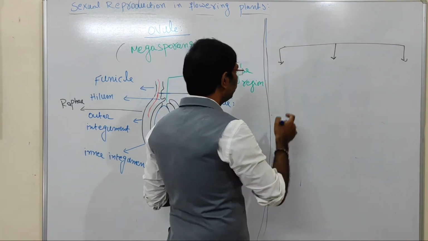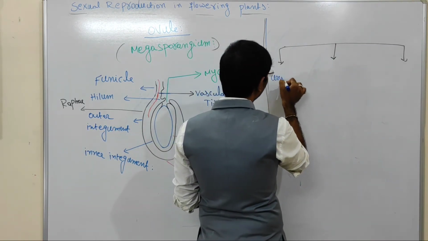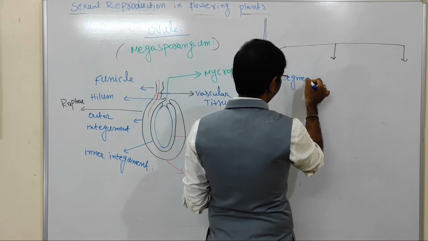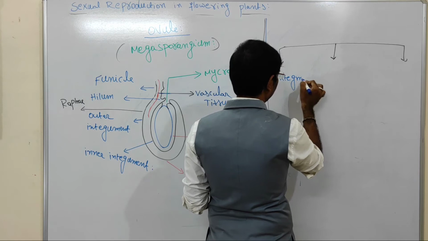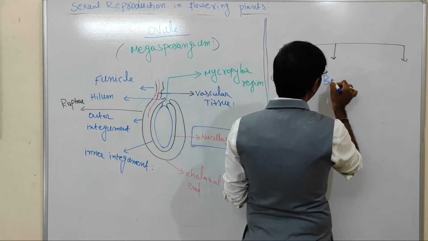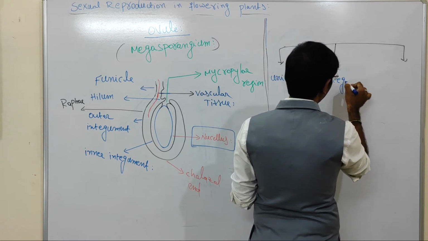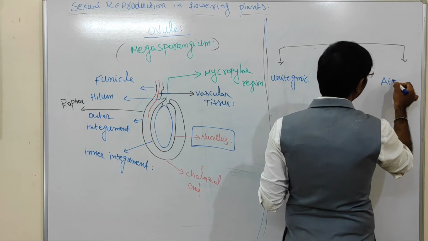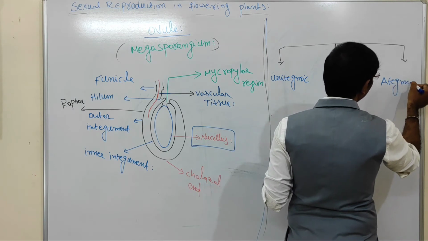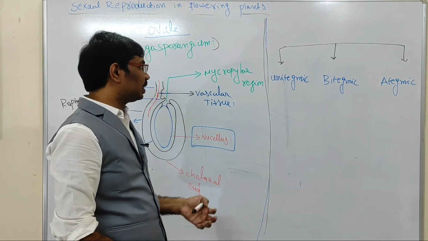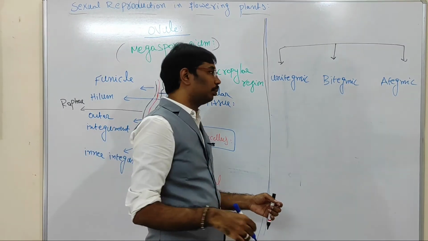The first one is unitegmic, the second one is bitegmic, and the third one is ategmic. Unitegmic means a single integument is present.